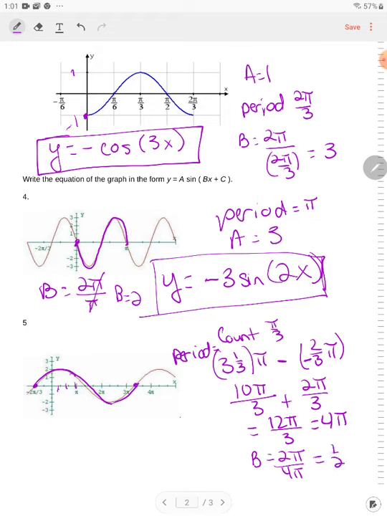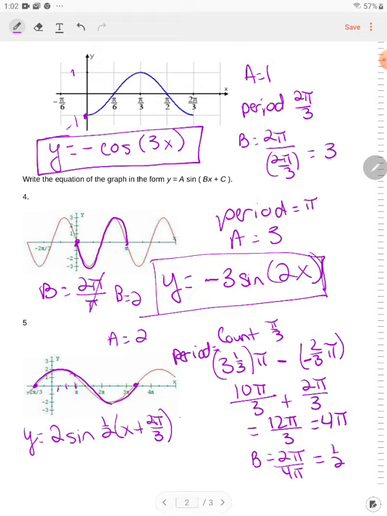So I now have y is equal to, my amplitude is 2, and it's going to be 2 sine, and we're going to do 1/2 parentheses x plus 2 pi over 3. Now, if you notice, this to me is the easier form to use.